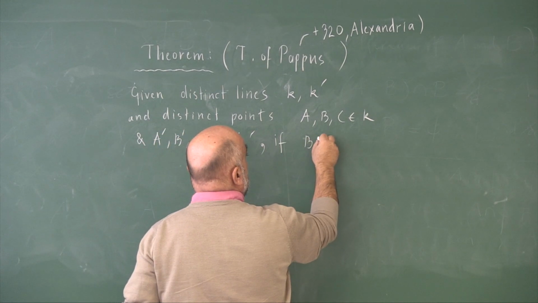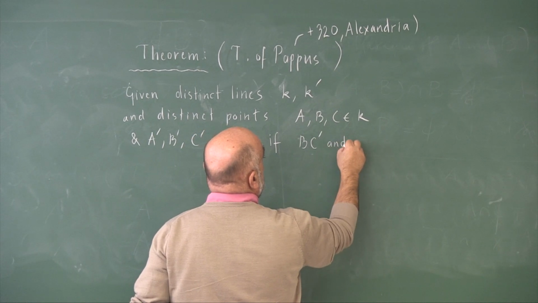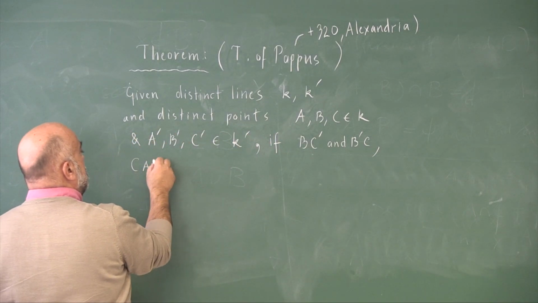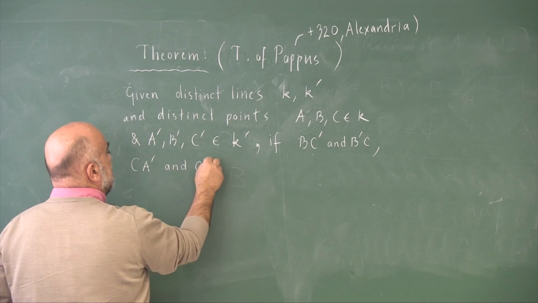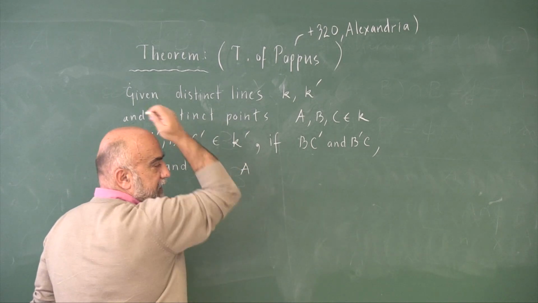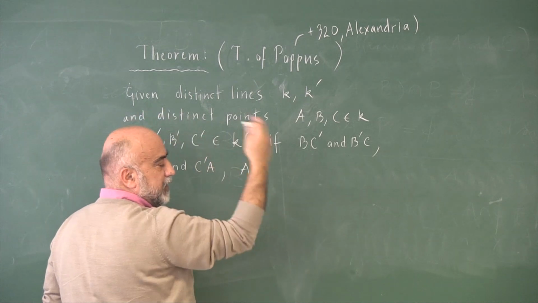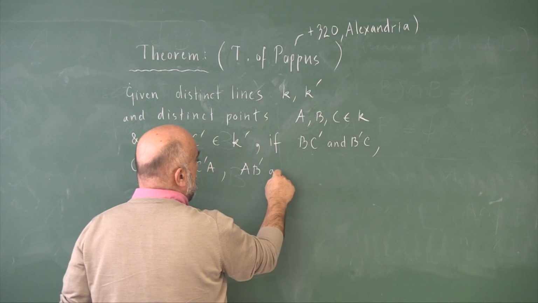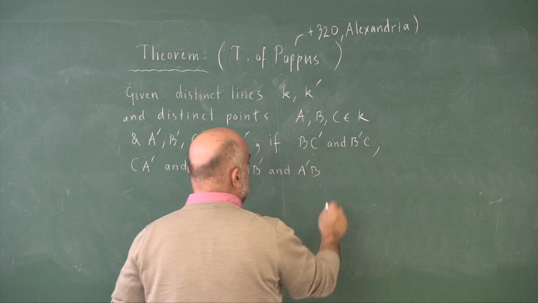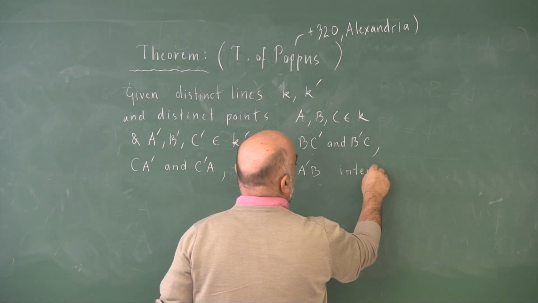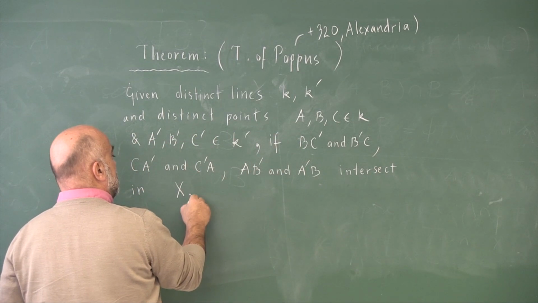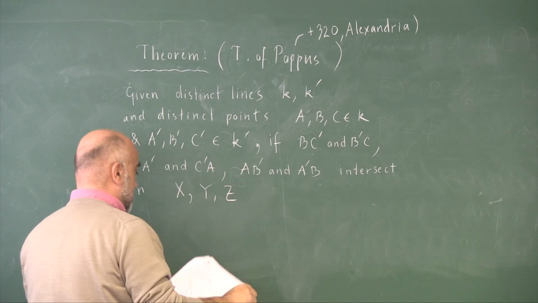now I have to make a list: BC prime and B prime C. Okay, so this pair of lines, CA prime and C prime A, that pair of lines, and finally, as you may notice, I can go blindfold, I'm doing it in cyclic fashion, AB prime and A prime B, intersect in X, let's say, Y, let's say, Z, respectively.